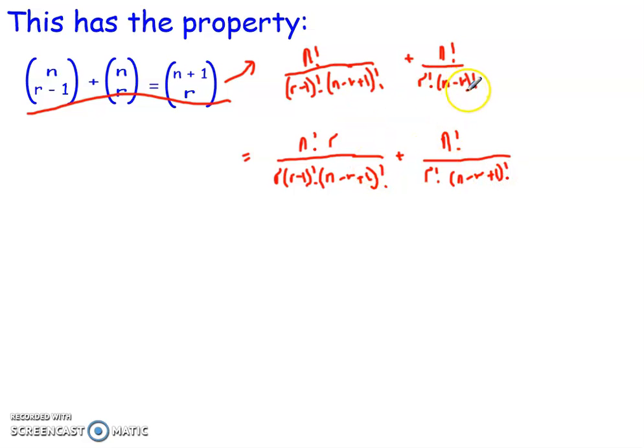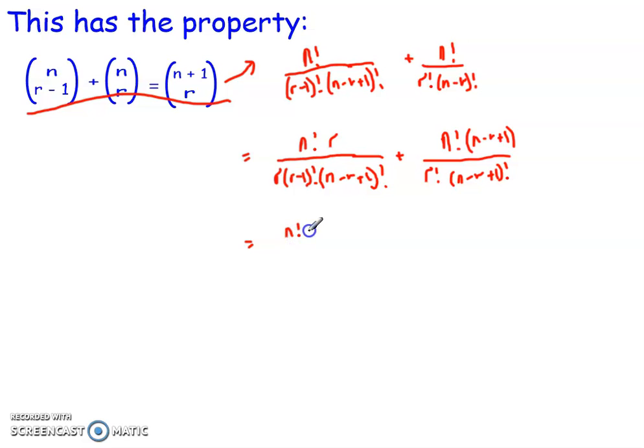Well, if I've got n minus r factorial, all I have to multiply that by is n minus r plus 1 to get the (n minus r plus 1) factorial. But then to take that into account, I've got to multiply the top by n minus r plus 1 to cancel that out in the long run. So I've now got my two fractions, they're both over the common denominator, and I can combine them together.